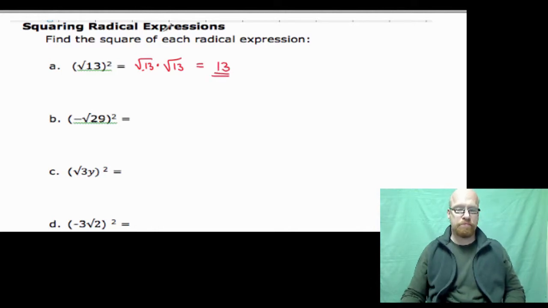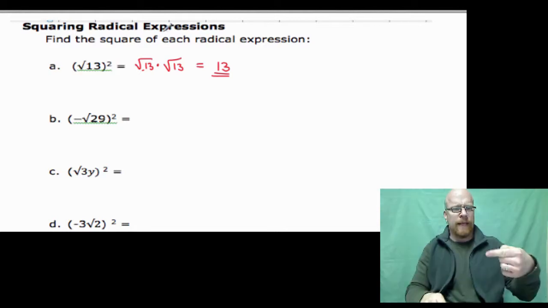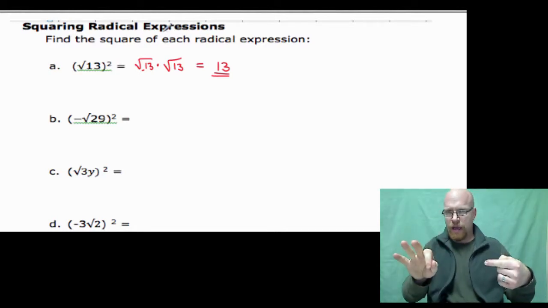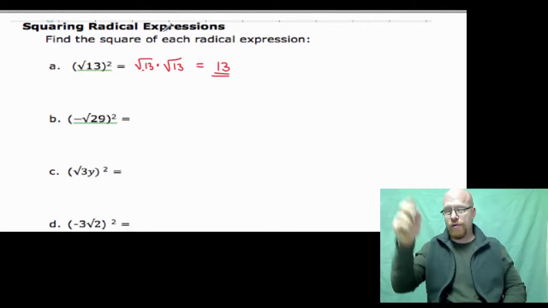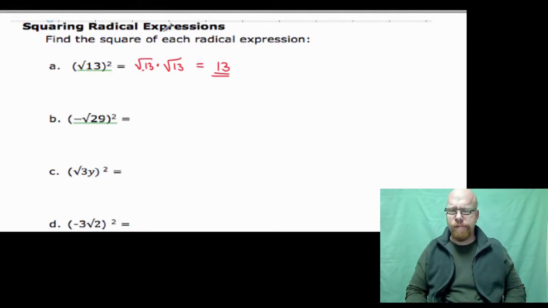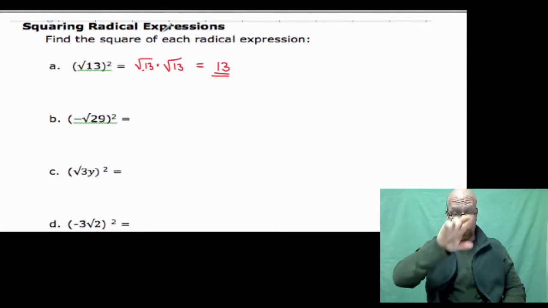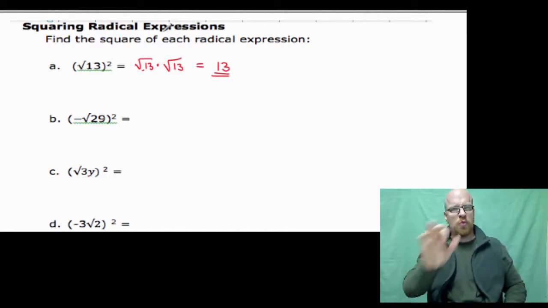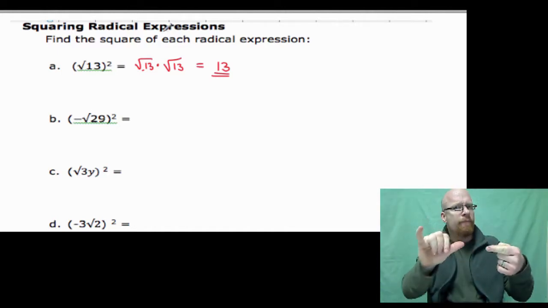Okay. Now, negative times the square root of 29 squared. Well, okay. I know the square root of something squared, they cancel out, it becomes 29. But the negative is an interesting case. Let's write this down.